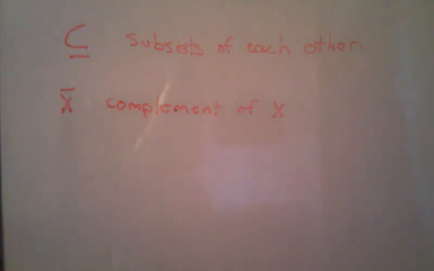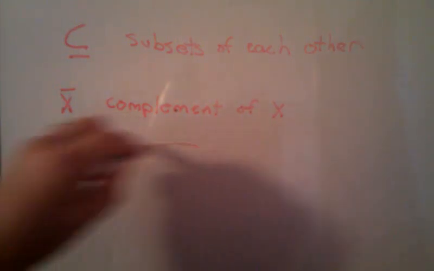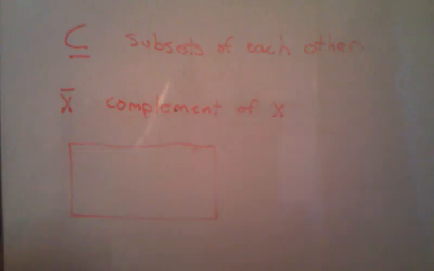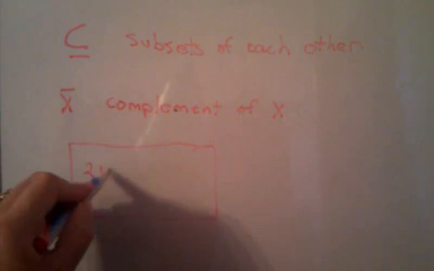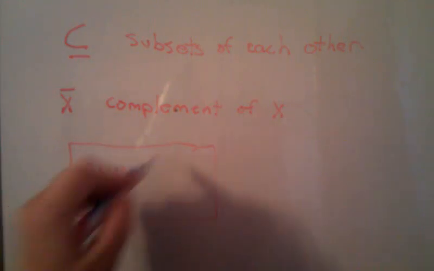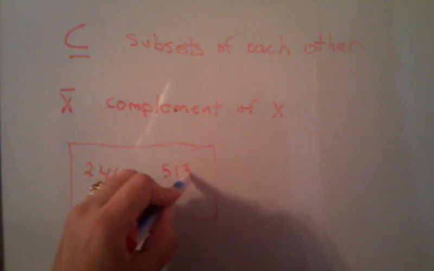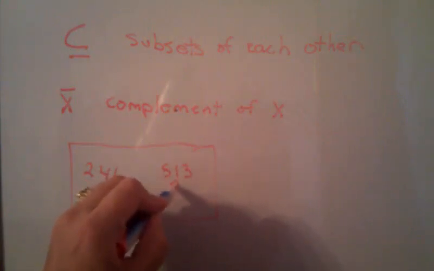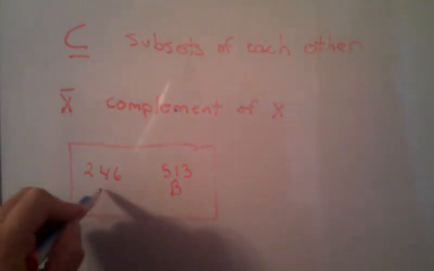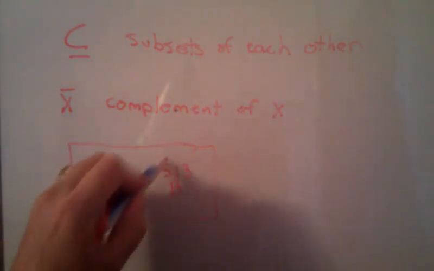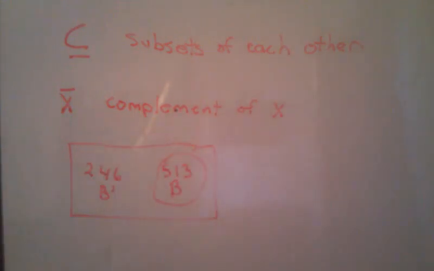Okay. So if I have my rectangle, and this is hard because my markers are running out of ink, but if I have a set here, and I have 2, 4, 6, 5, 1, 3, the B, it has an apostrophe after it, and I have this circled.